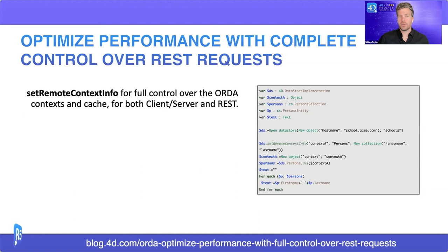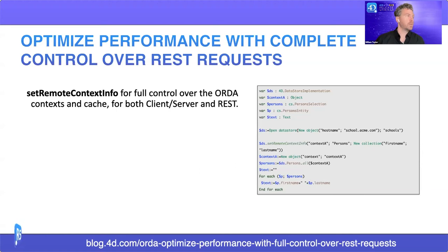4D v19 R5 gives you better control over the ORDA context and cache for both client server and REST, that could help you improve performance of your application. As you might know, 4D already provides an out-of-the-box optimization with contexts since v17 R5, and with v19 R5 we are going the extra mile by providing you a new command that enables you to have a better control over your code.